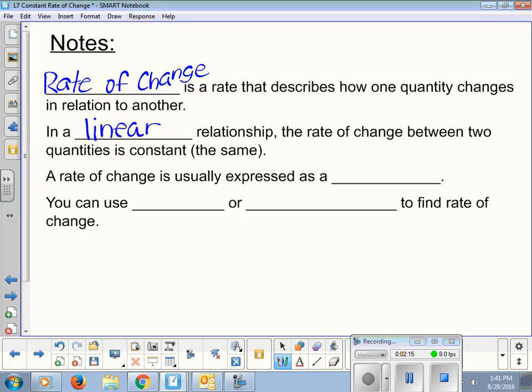In a linear relationship, the rate of change between two quantities is constant or the same. A rate of change is usually expressed as a unit rate.